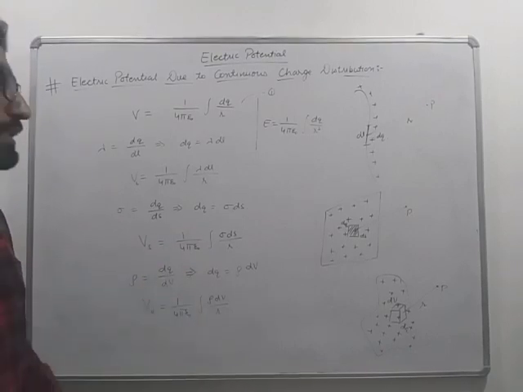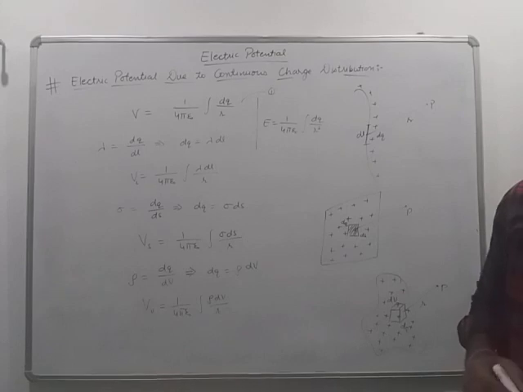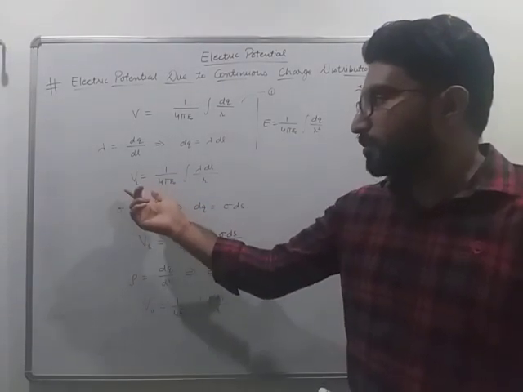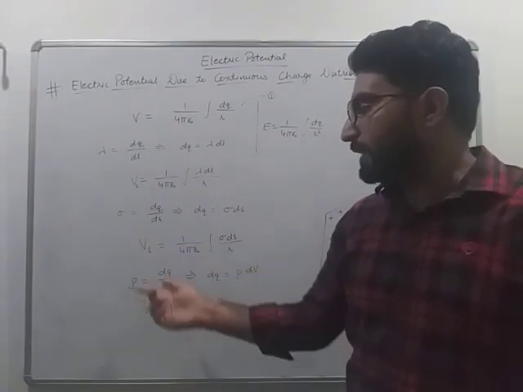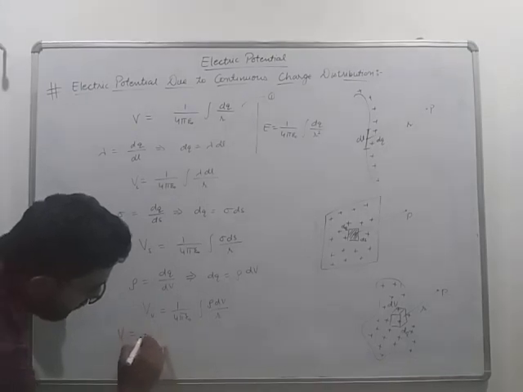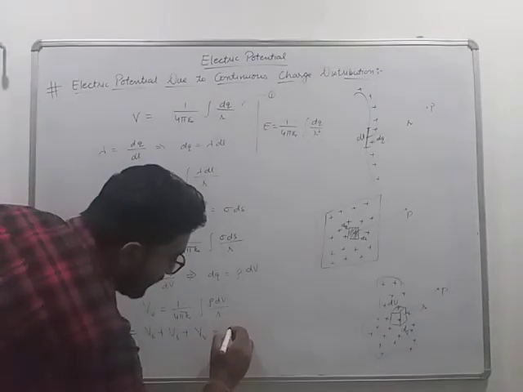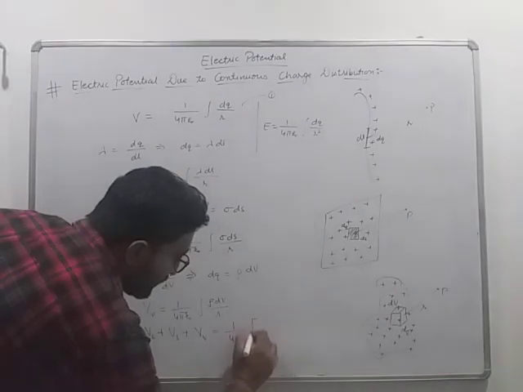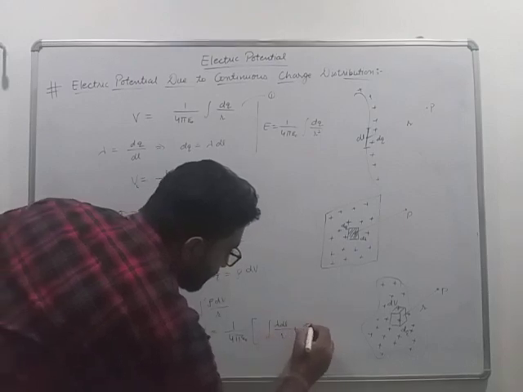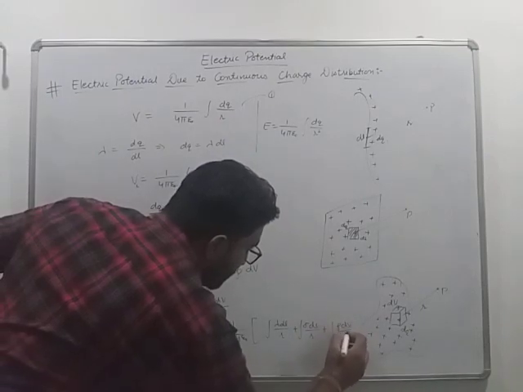And if we have a continuous charge distribution at a place, then the total potential at any point will be equal to the sum of these potentials, that is VL plus Vs plus Vv. The net potential V will be equal to VL plus Vs plus Vv, and we can take common 1 by 4 pi epsilon naught, and here we have integration lambda dl divided by r plus sigma ds divided by r plus integration of rho dv divided by r.